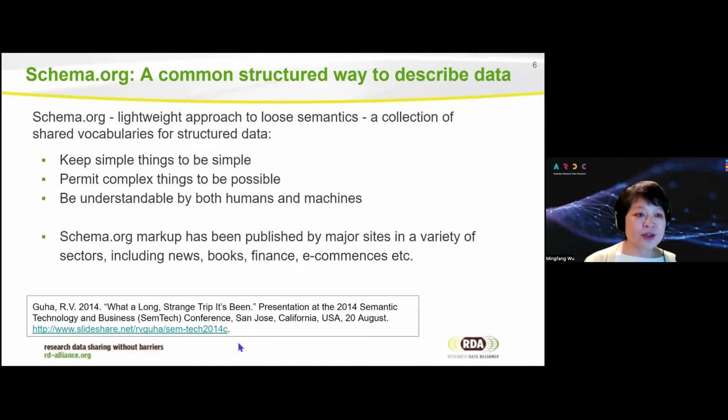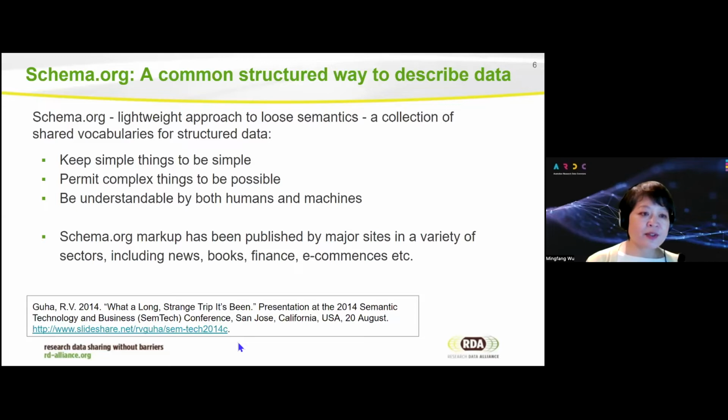In research communities, we use vocabularies for measurements and for variables that are possible to implement in structured data. And this structured data is understandable by both humans and machines.